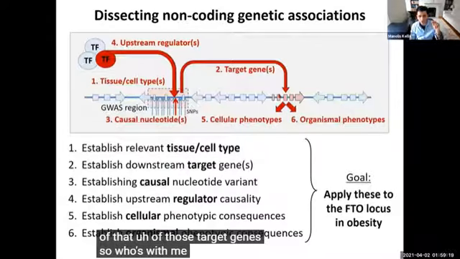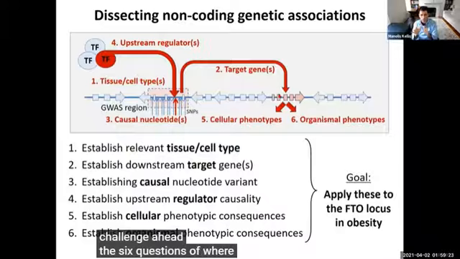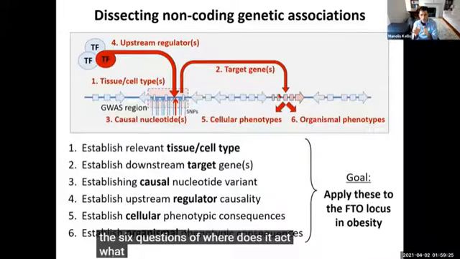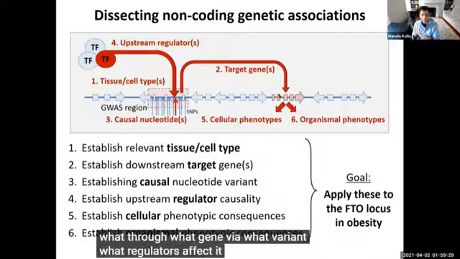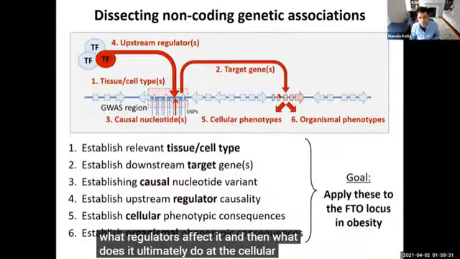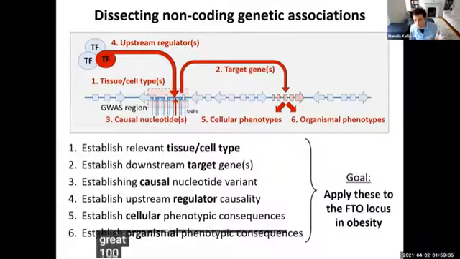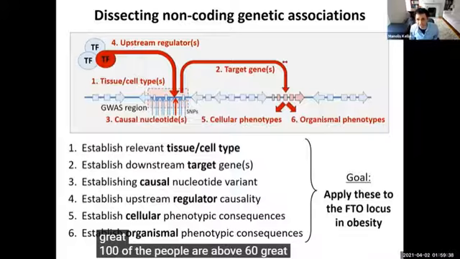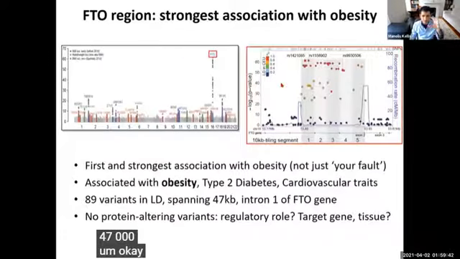So who's with me on at least the challenge ahead, the 6 questions of where does it act, through what gene, via what variant, what regulators are affected, and then what does it ultimately do at the cellular and at the organismal level? Okay, so how do we do that?